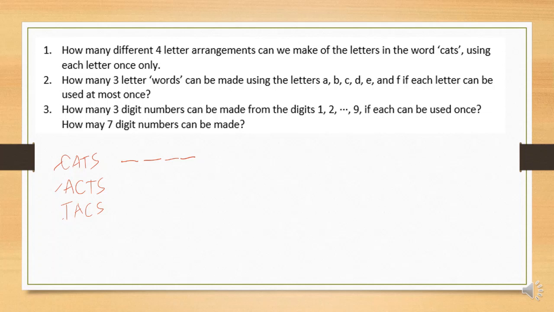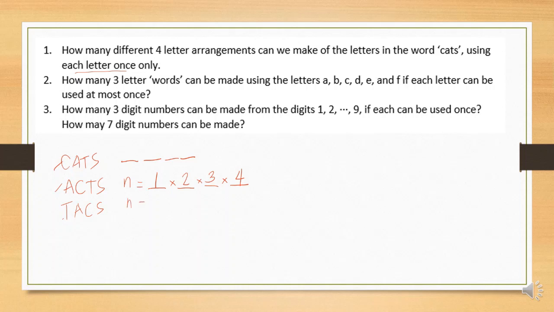So the first thing that we have discussed is to use the multiplication rule, and then multiply each of the positions that we have. So if we are going to use the letters once only, it means that we have four letters, three letters on the second one, then two, and then times 1.